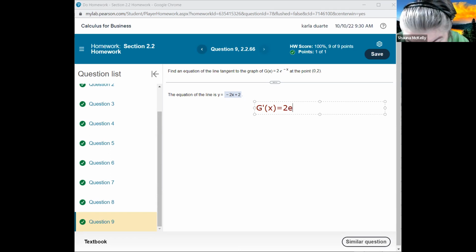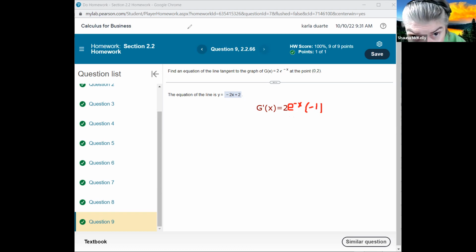So we have 2, and then e to the negative x. And by the chain rule, we differentiate the power, so the derivative of negative x is -1. So this derivative becomes -2e to the negative x.